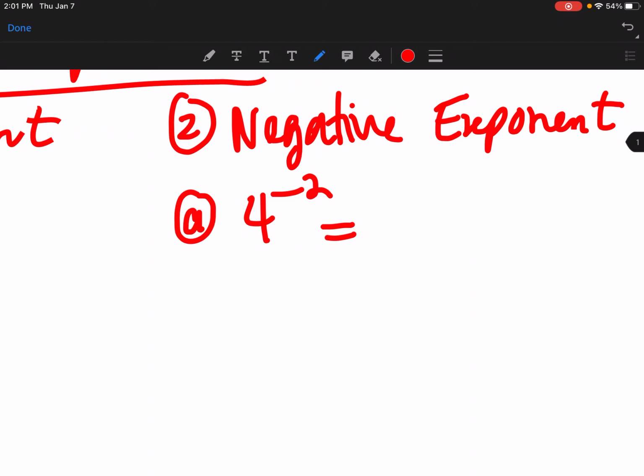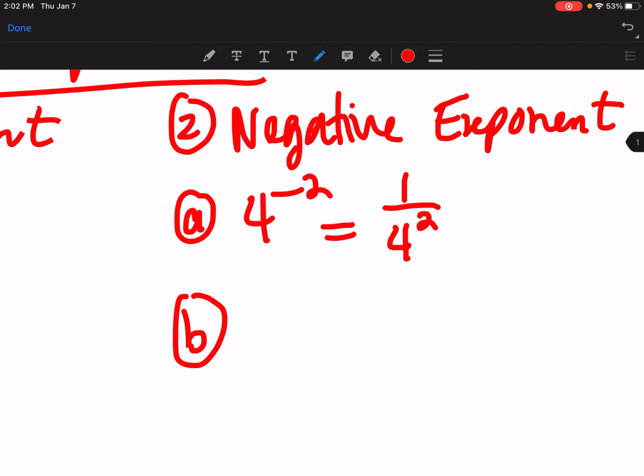So 4 to the -2, to write it as a positive exponent, we will rewrite this as a fraction. I'm going to put 1 over 4, and my power is to a -2, but when I write it as a fraction, 1 over, my exponent becomes positive. So 1 over 4 to the second power.